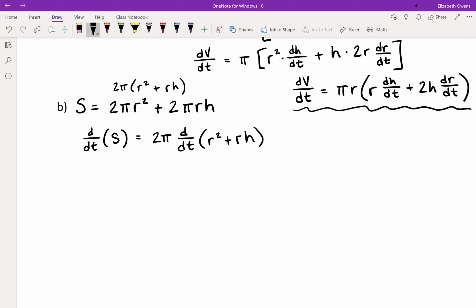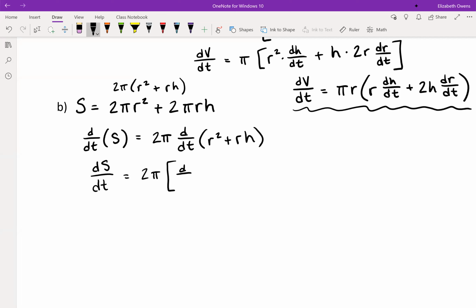So let's see, left-hand side. What do you guys think for that one? ds dt, yep. All right, ds dt on that left-hand side. And then over here, we could split up our derivatives that are being added together.